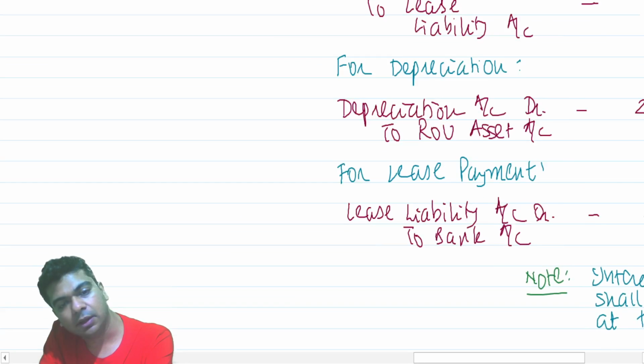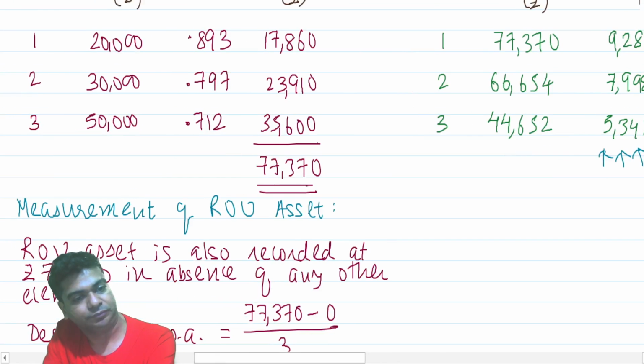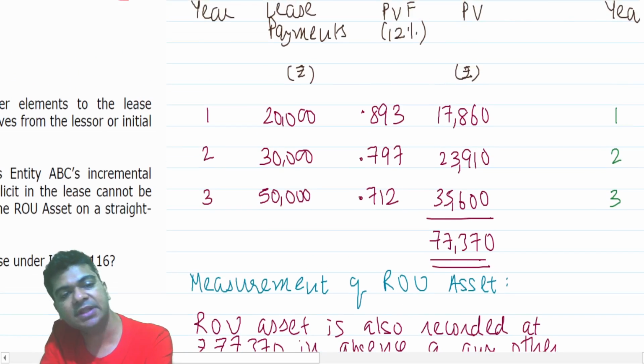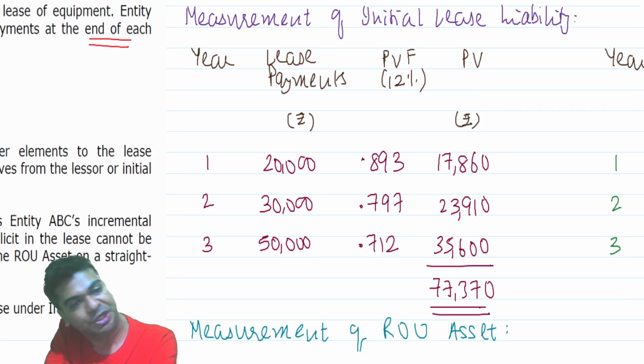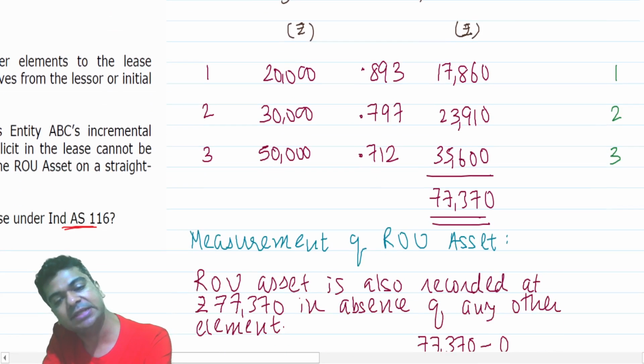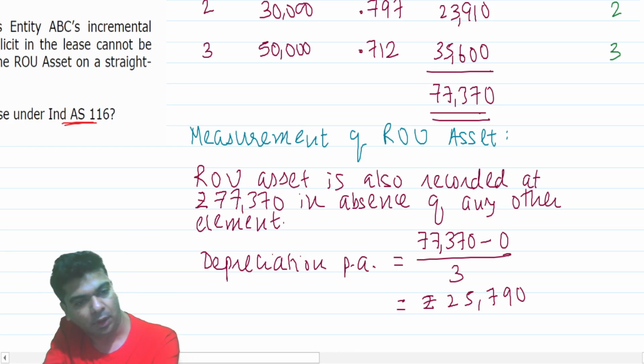So we are getting a full idea of accounting this time, isn't it? Let's see, stepwise, understand. The first thing that I will do is I will measure my initial lease liability. Because there are no other elements, the lease liability and the ROU asset initially turn out to be the same. We are charging depreciation over the lease term.